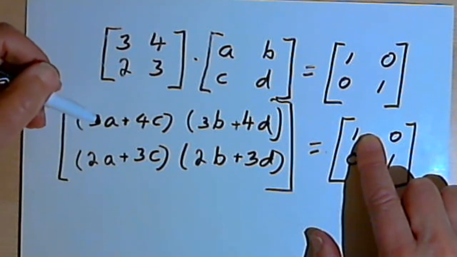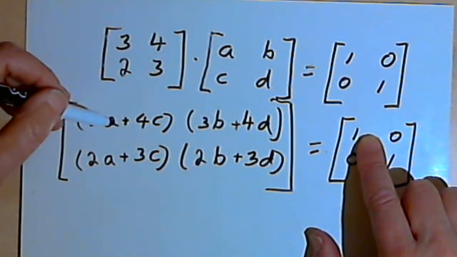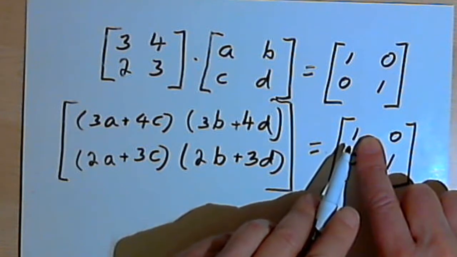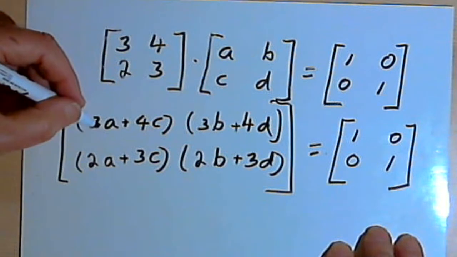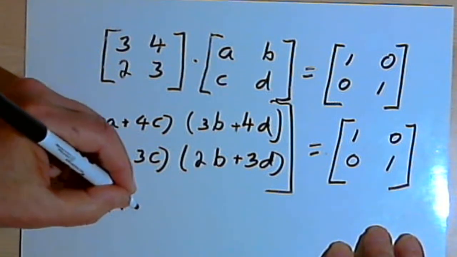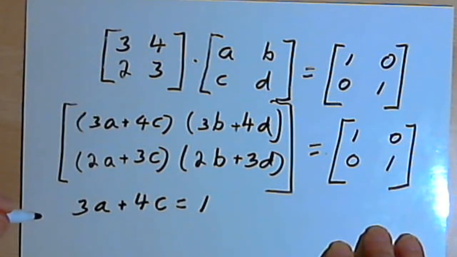So whatever is in the first row, first column of this new matrix should equal the first row, first column of the identity matrix, which is a 1. So I'm going to write that out: 3A plus 4C equals 1.